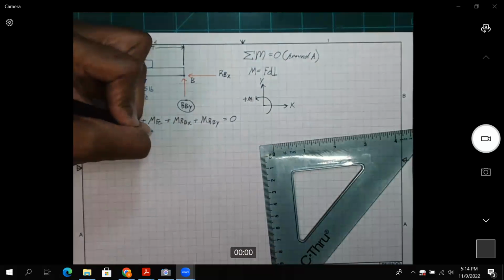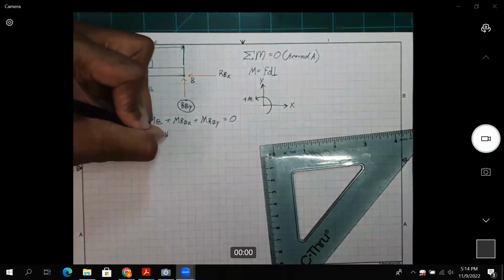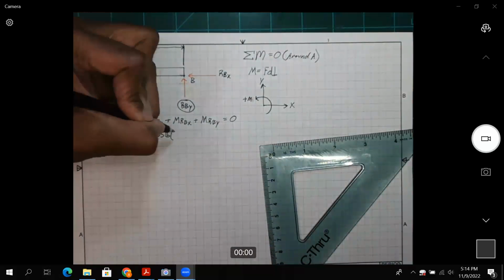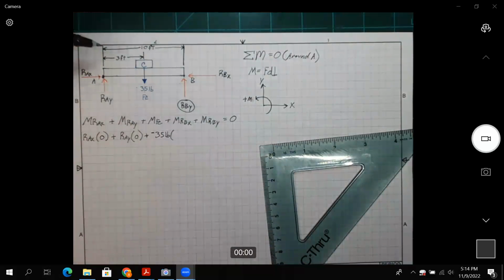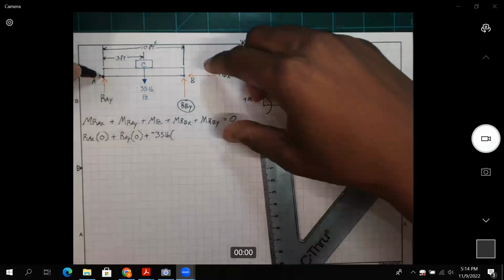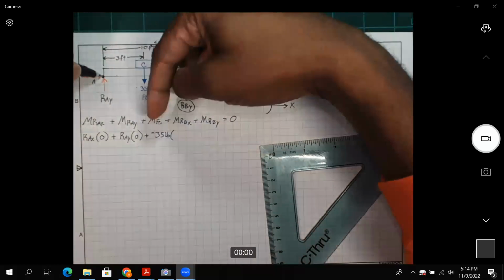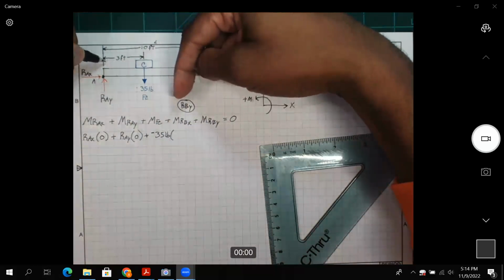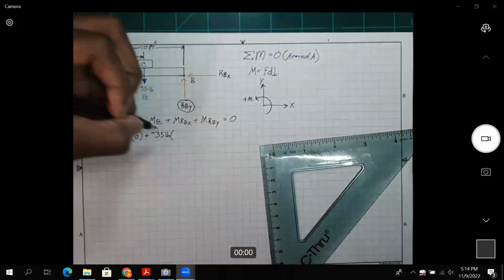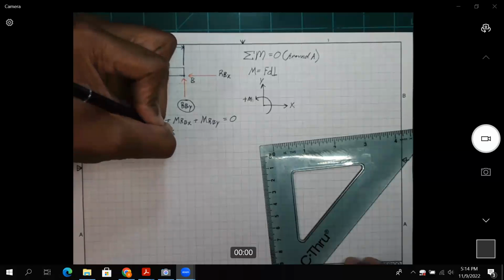So we're going to say this is negative 35 pounds, okay? Negative 35 pounds. And what is the perpendicular distance of this force from joint A? It is 3 feet, okay? So we're going to say 3 feet.